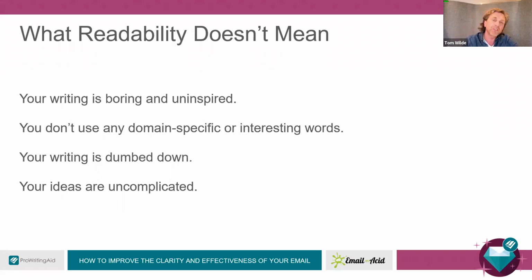What readability doesn't mean, however, once again, like we did earlier, is that you're writing something boring or uninspired, right? It doesn't mean that you shouldn't use domain-specific or interesting words. And it doesn't mean your writing is dumbed down, a really important one.